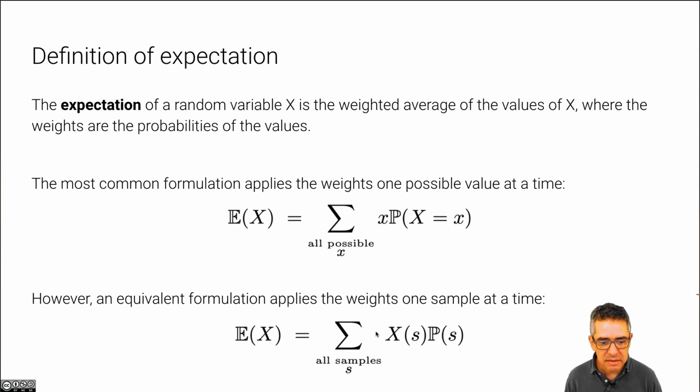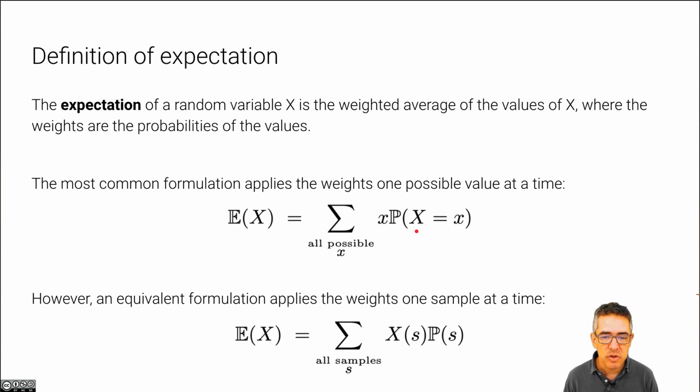So this is how we define the expectation of X. It is the sum of the values X can take, where lowercase x are the values that the uppercase X can take, each value weighed by the probability of X taking that particular value.